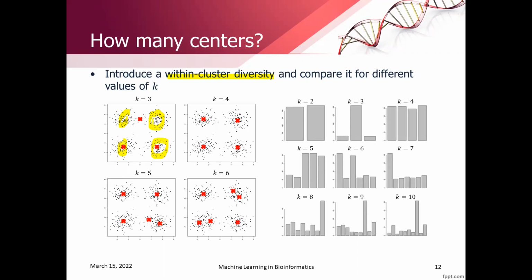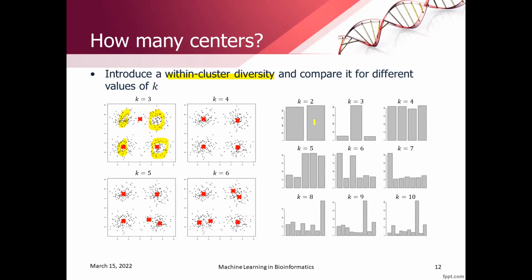And we can measure the within cluster diversity in such a way that for each cluster, we compute the sum of squares of distances between the observations and the centroid, the representative. And this is shown in the picture on the left.